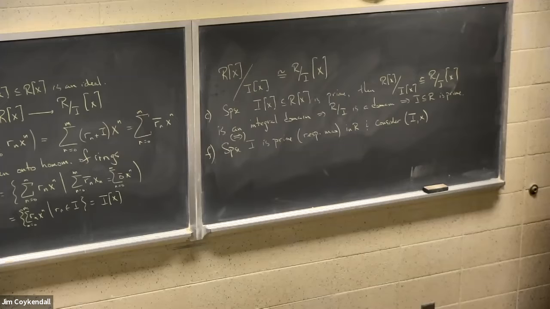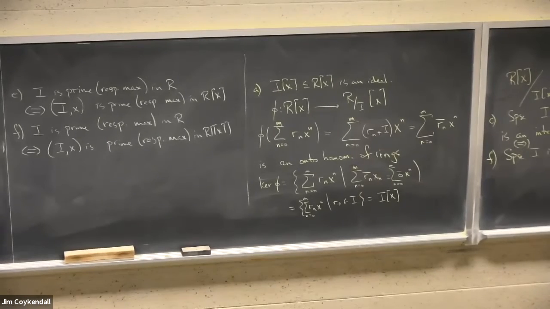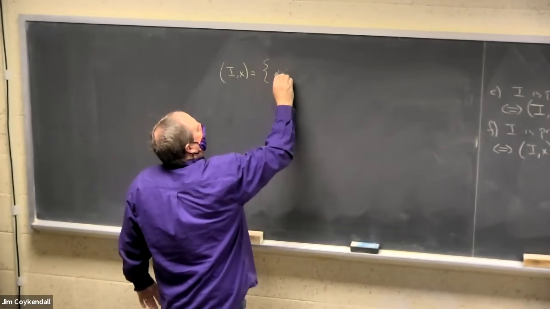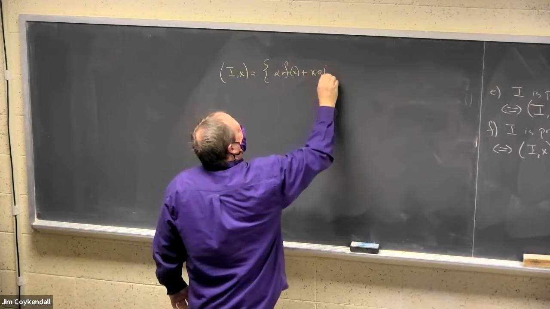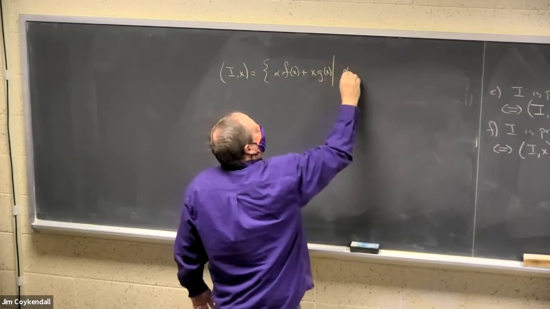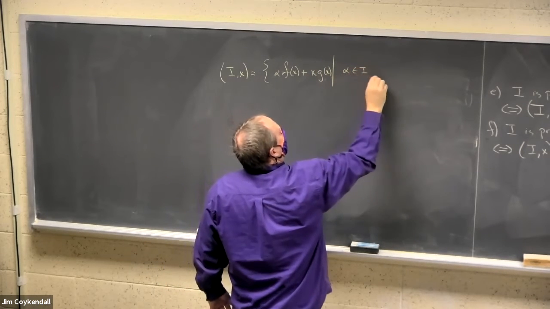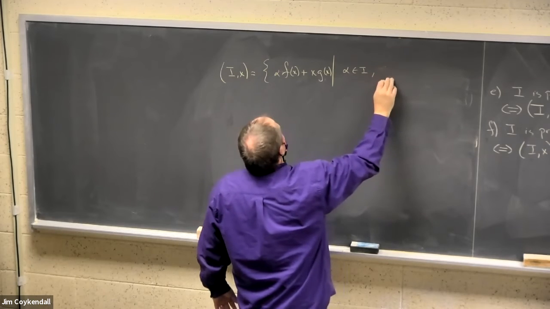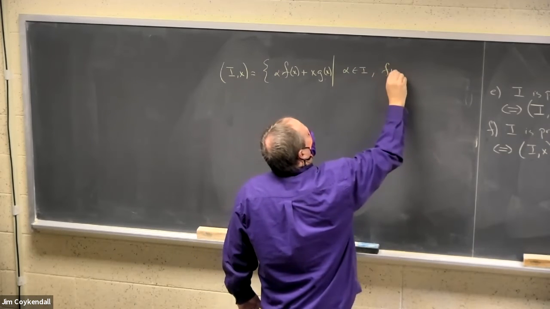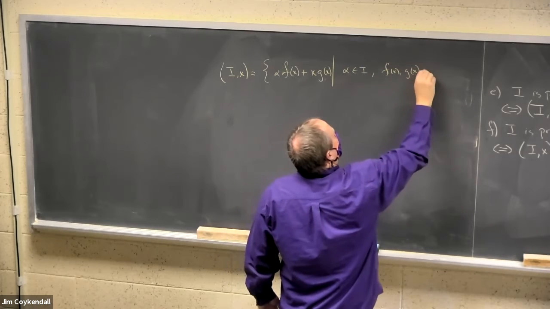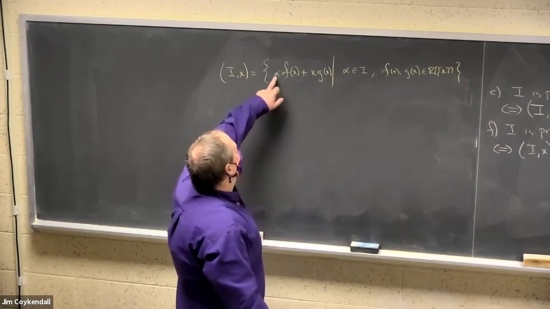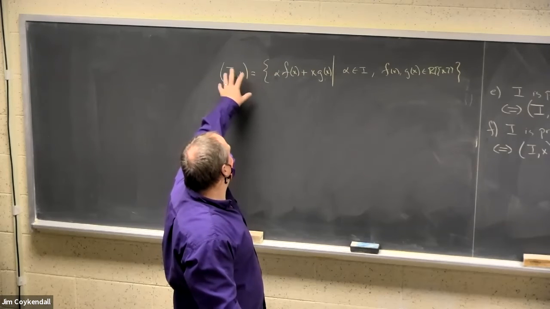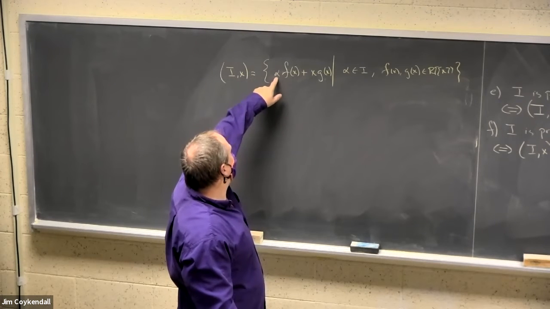I claim, now notice that I, X is actually an ideal of R power X. This is the stuff of the form alpha f of x plus x times g of x, where alpha is in I, and f of x, g of x are in R power X. So basically, you can multiply, it's anything in the form I times f of x.